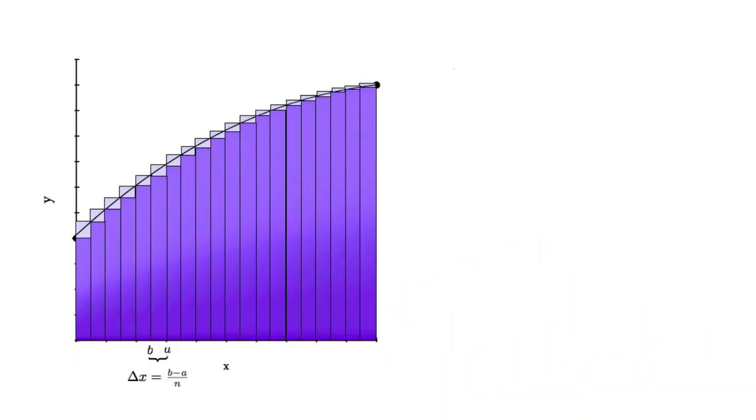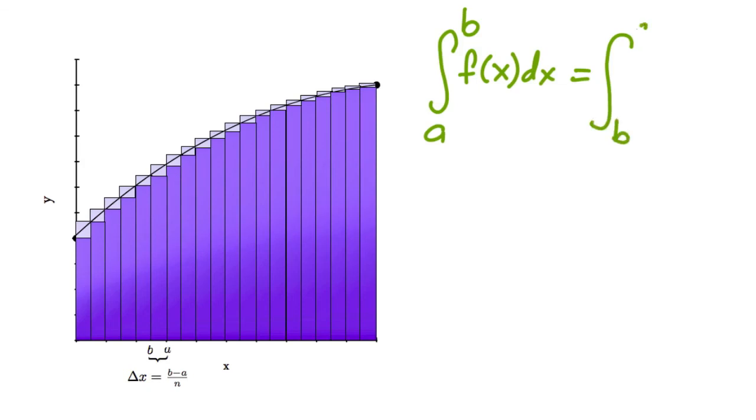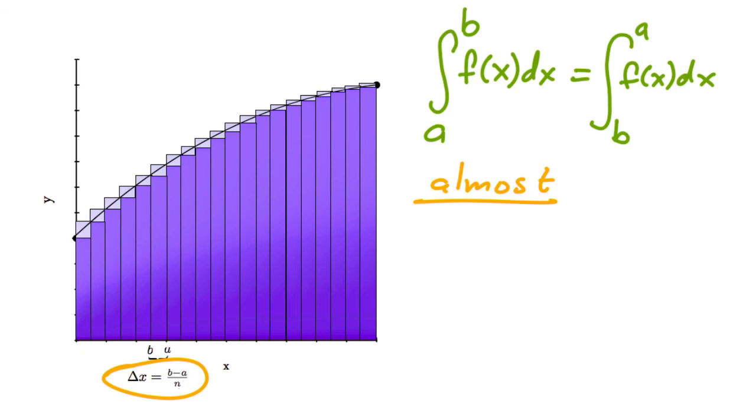Okay, now let's take a look at this. One's a little trickier to see, and so the question I have for you is, is the integral from a to b of f of x dx the same as the integral from b to a of f of x dx? So basically, well, the answer should be no, right? Almost. Okay, so remember that in the formula you had delta x is equal to b minus a over n.